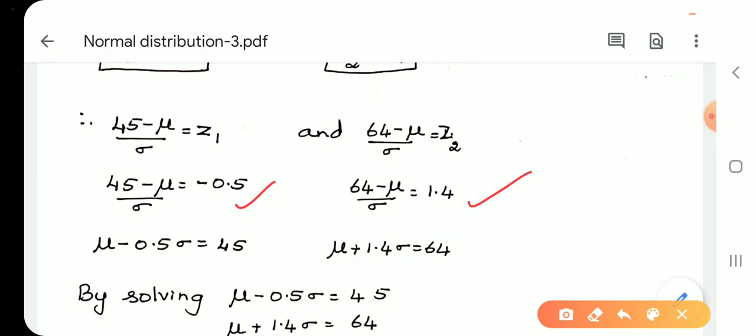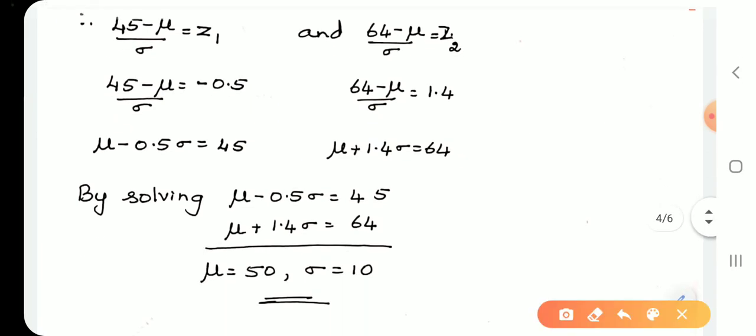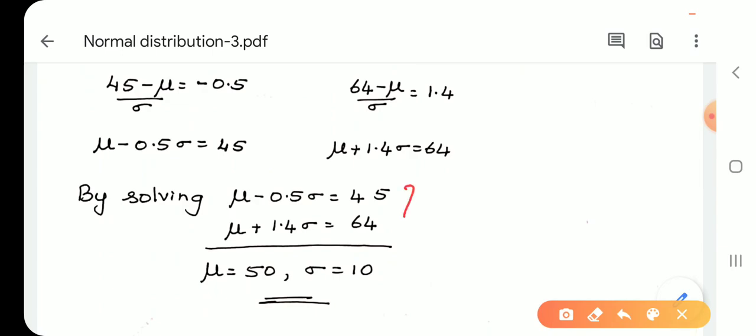Take sigma to the right hand side and rearrange the terms so that we get two equations: mu minus 0.5 sigma is equal to 45 and mu plus 1.4 sigma is equal to 64. So we get two simultaneous equations like this.